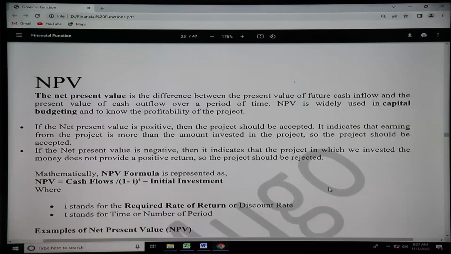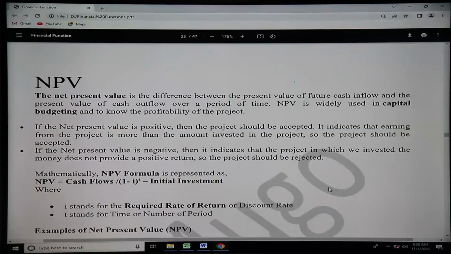It helps us to know the profitability of a project. We can know the exact profit of the project, so that you don't just run the project because money is coming in and money is going out. You need to know the exact profit that this business retains.